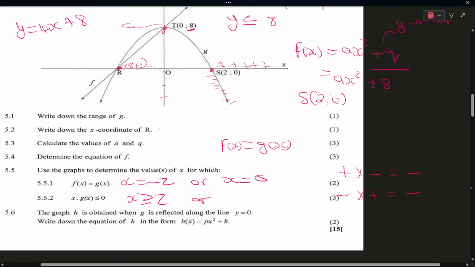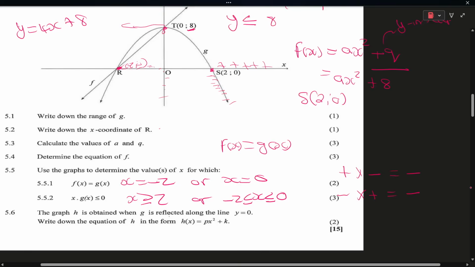The other answer is going to be x, because we are told that 0 is included, -2 is to 0. Okay, let me write this clear. I'm having -2 and 0. Okay, that's what I'm having.